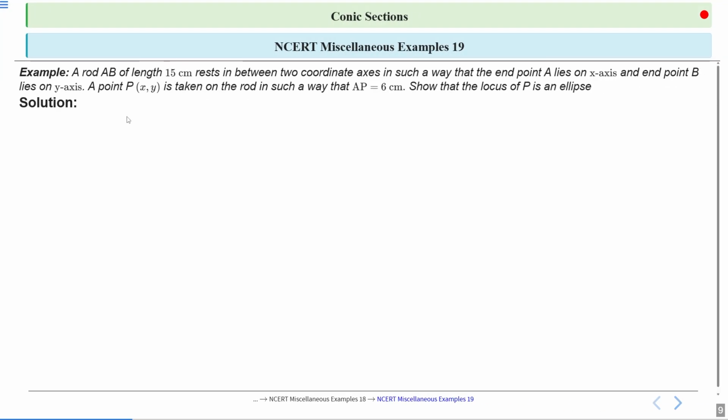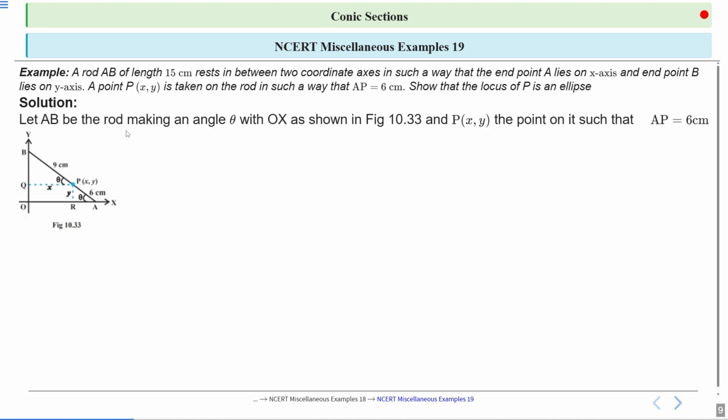Let's solve this example. So in this example, we have to show that the locus of point P is an ellipse. So first of all, let AB be the rod making an angle theta with OX as shown in figure 10.33. Okay, and P(x, y) be the point on it such that AP is 6 centimeter.